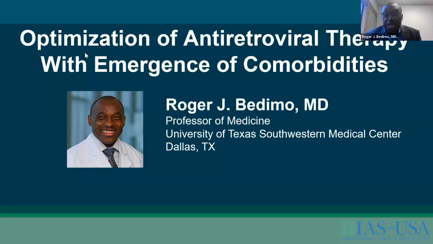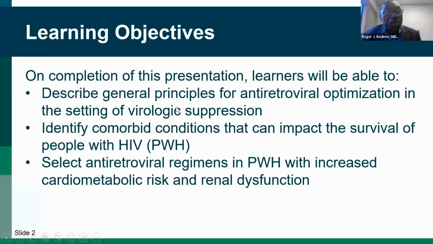So this is what I intend to show: that we can describe the general principles of antiretroviral optimization in the setting of success, virologic suppression, identify comorbid conditions that can impact the survival of people with HIV, even in the circumstances where the antiretrovirals are doing what we intended for them to do. Then select antiretroviral regimens in people with HIV who have increased cardiometabolic risk and sometimes renal dysfunction.